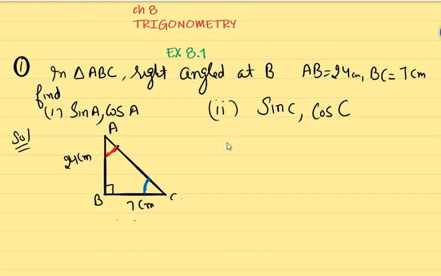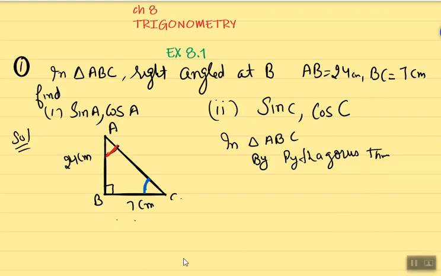We know that in triangle ABC, by Pythagoras theorem, perpendicular square plus base square is equal to hypotenuse square. We know that. Now hypotenuse is missing.